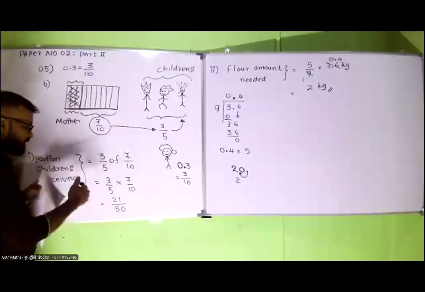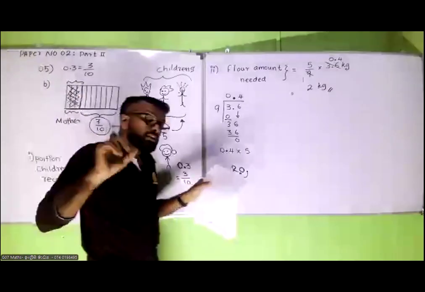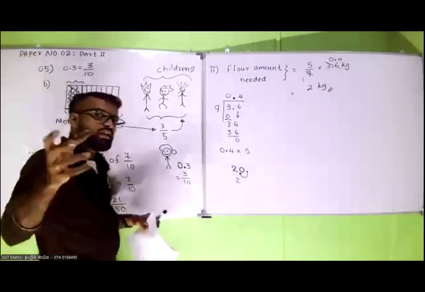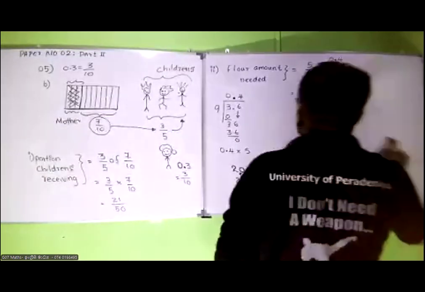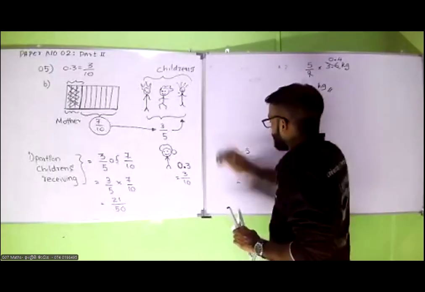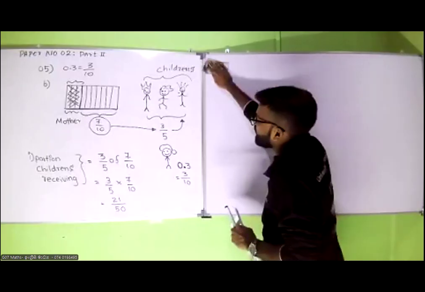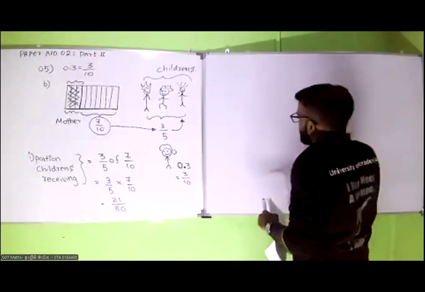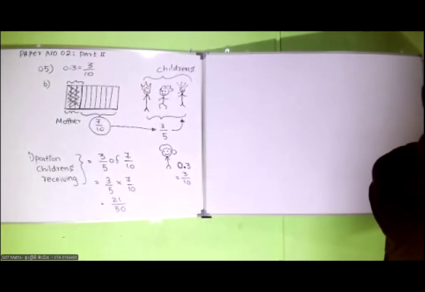We have to mention it as a percentage. Previously I gave you a hint on how to identify a percentage. If you want to represent any given fraction as a percentage, you have to multiply it by 100%.